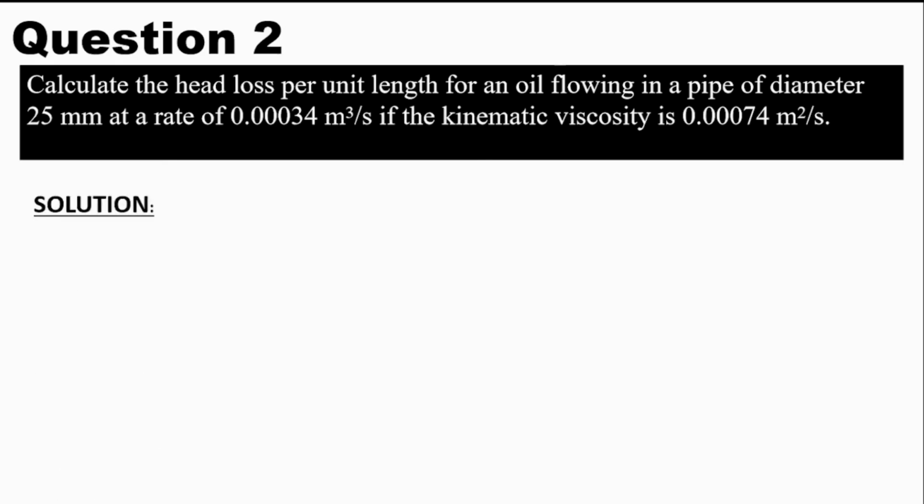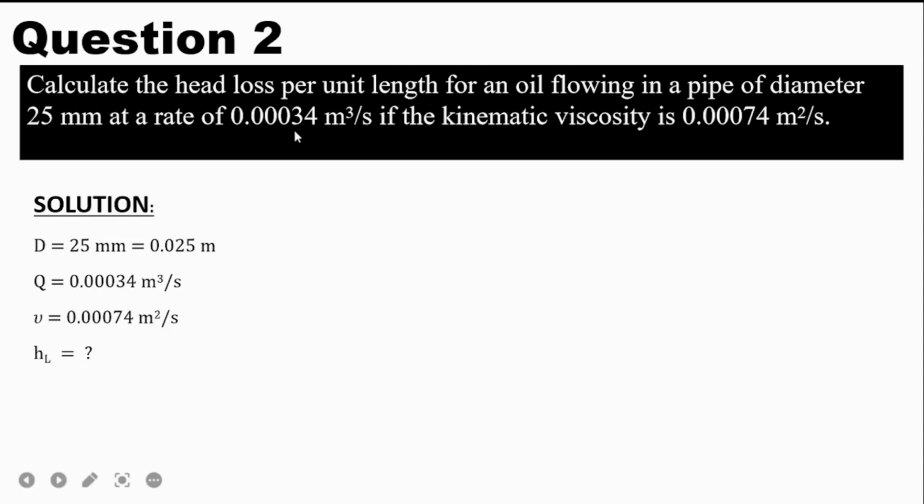Again, the first thing I encourage us to always do is to write out the given data. So the data for this question, I'm given the diameter of the pipe, which is 25 millimeters. So we have to convert this to meters by dividing 25 by 1000. That gives us 0.025 meters.